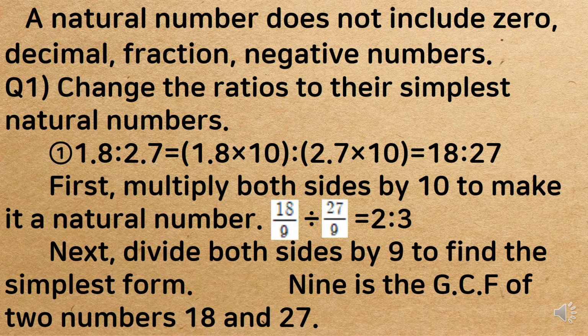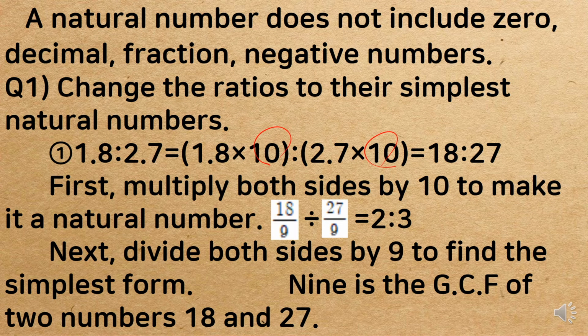A natural number does not include zero, decimals, fractions, or negative numbers. Question 1. Change the ratios to their simplest natural numbers. 1.8 to 2.7. First, multiply both sides by 10 to make them natural numbers.